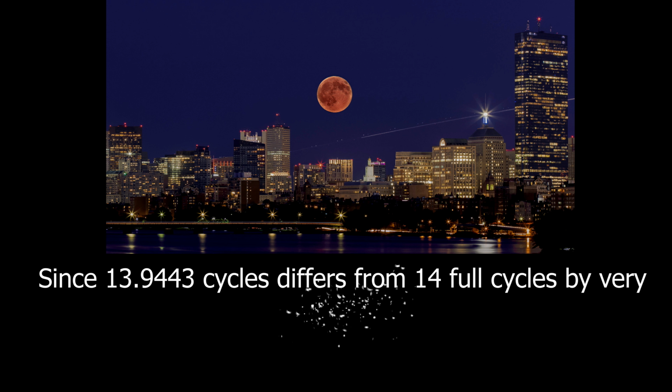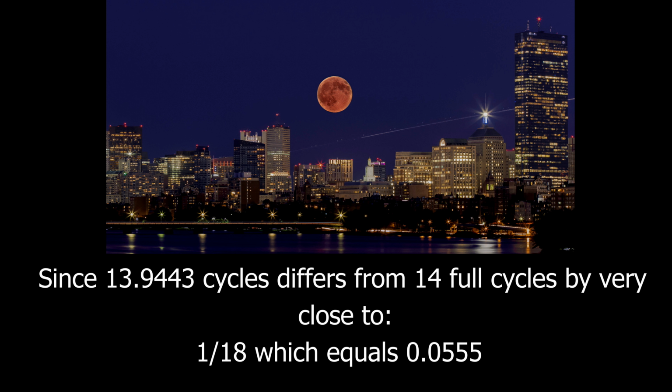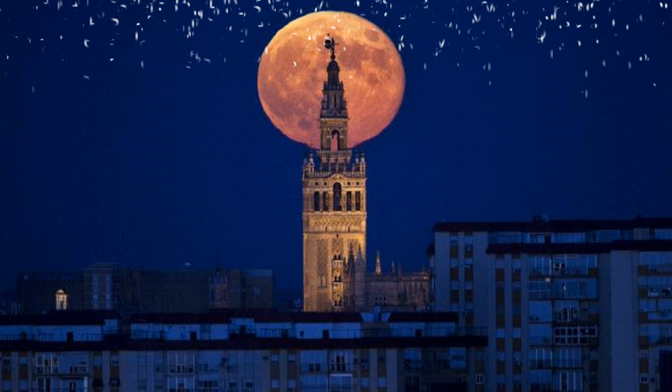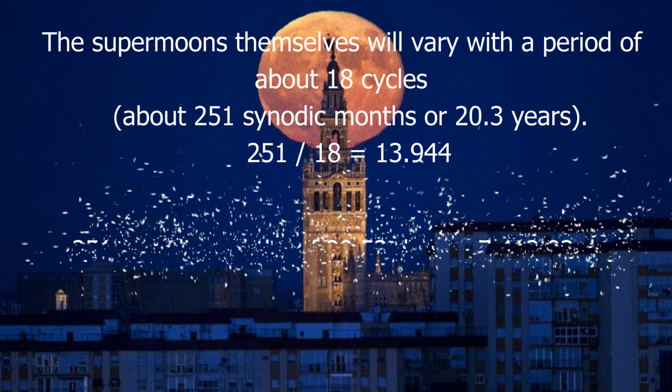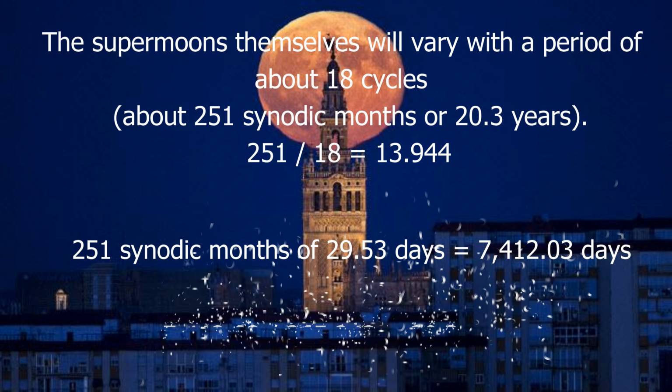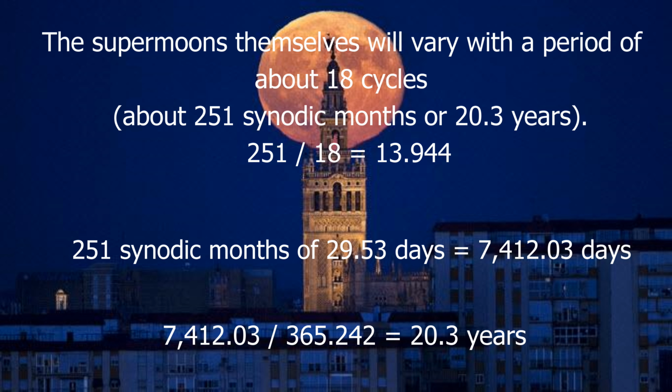Since 13.9443 differs from 14 by very close to 1/18 of 1, around 0.0555, the supermoons themselves will vary with a period of about 18 cycles, about 251 synodic months or 20.3 years.